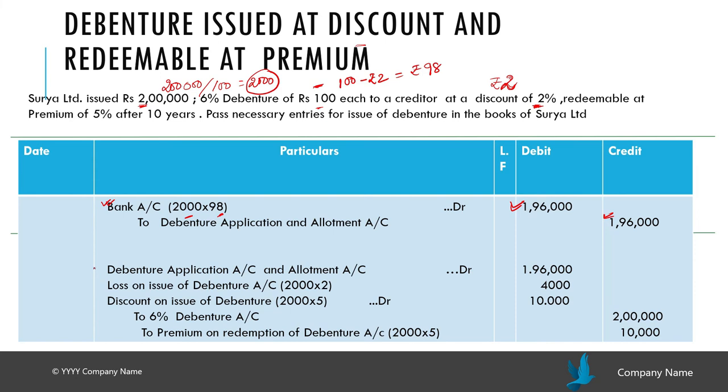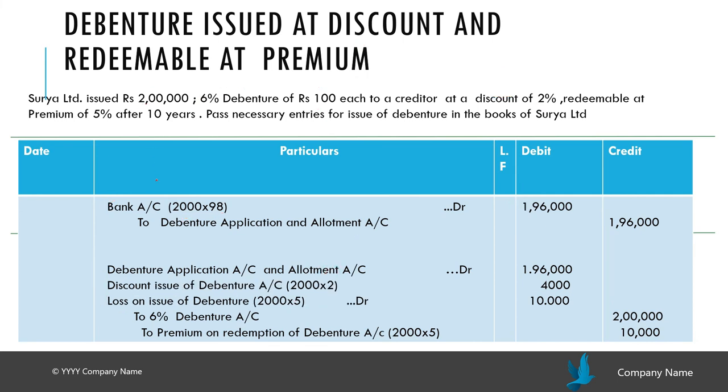Now at the time of transfer, what will the company do? The company will also show the loss as loss on issue of debenture, because it's a loss for the company, as the company is going to suffer a loss of 2 rupees. Now while transferring, the company will debit debenture application allotment account with 1,96,000, and the company will show the discount on issue of debenture of rupees 2 as 2,000 into 2, that is 4,000.